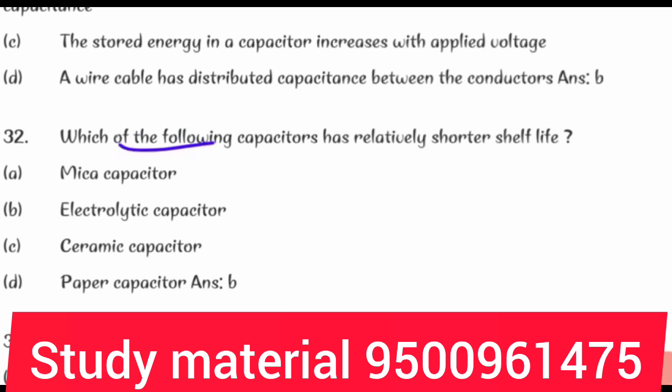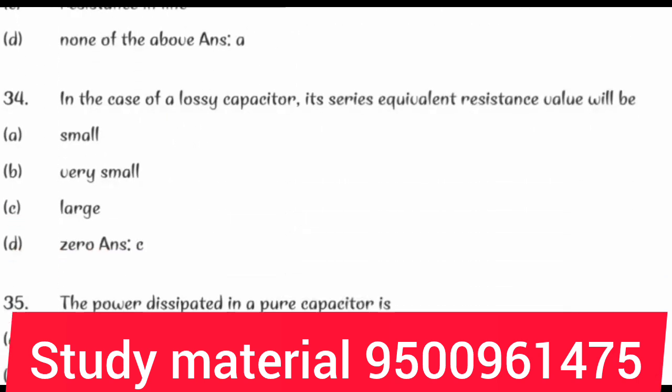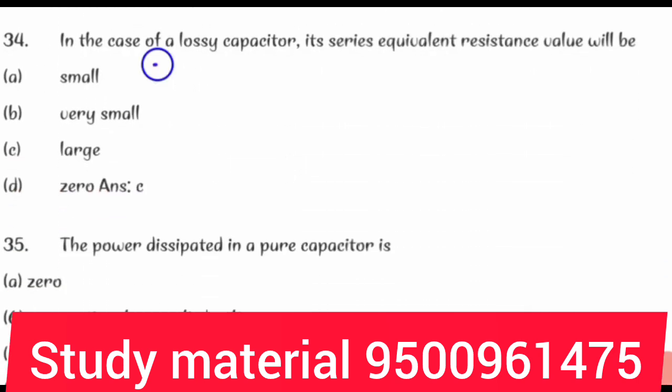Which of the following capacitors has relatively shorter shelf life? Electrolytic capacitors. The sparking between two electrical contacts can be reduced by inserting a capacitor in parallel with contacts. In the case of a lossy capacitor, its series equivalent resistance value will be large.